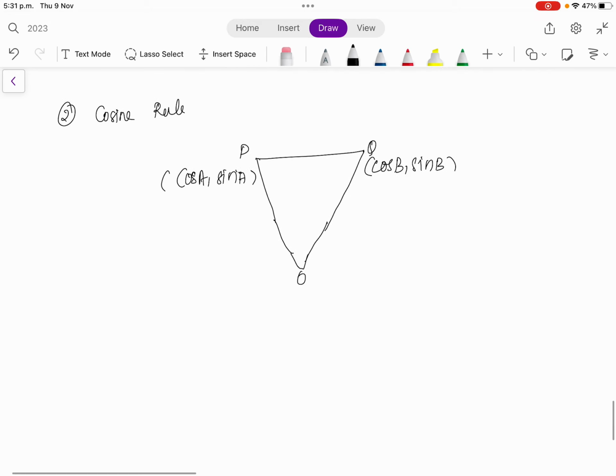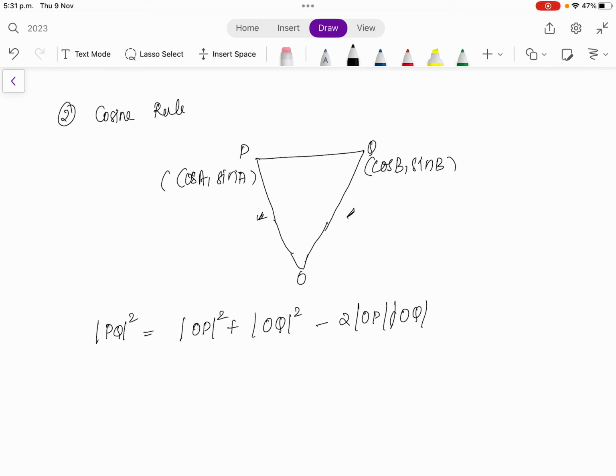So when using the cosine rule, PQ square is of the form A square is equal to B square plus C square minus 2BC cos the angle between the values. So here you can write PQ square is equal to OP square plus OQ square minus 2 OP OQ cos A minus B, because this angle is A minus B from the first unit circle.